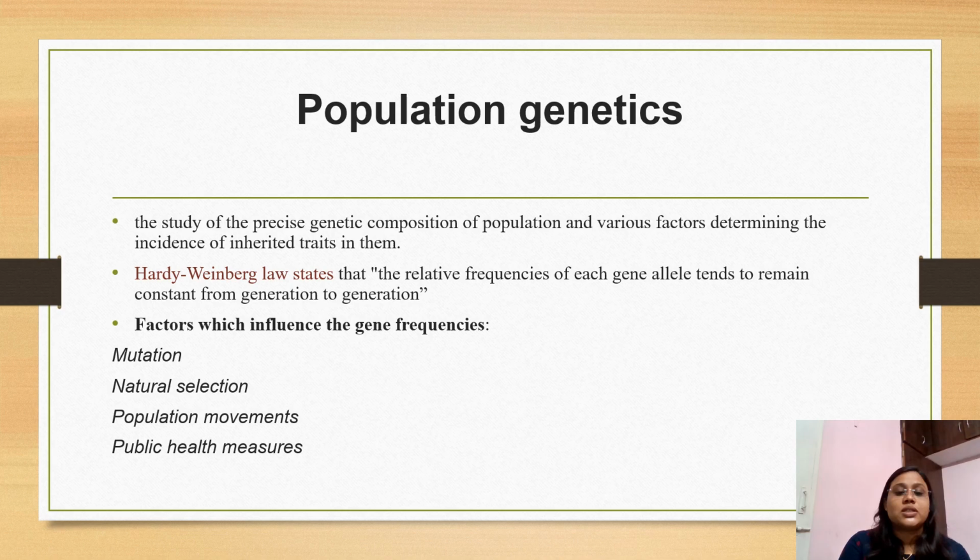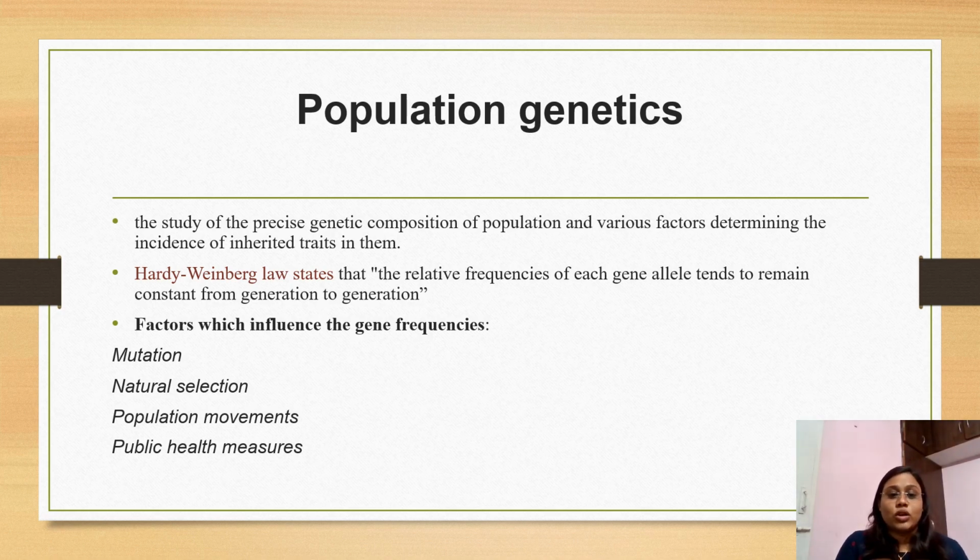But with advances in public health measures, a person with an inborn error of metabolism or any cardiac or congenital defect is now able to survive. They are able to have a future generation, and in short, these unfavorable genes are able to be carried to the next generation.